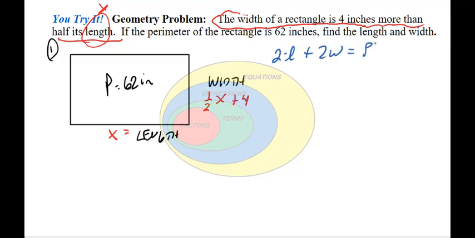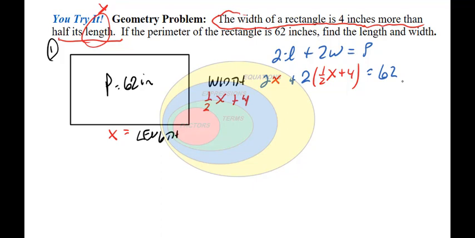So I'm going to plug in my expressions: 2 times the length, which is x, plus 2 times the width, which is the expression 1/2 x plus 4, and that equals the perimeter, 62. There's my equation to solve, and the expressions I defined are part of it, and the relationship is the perimeter.